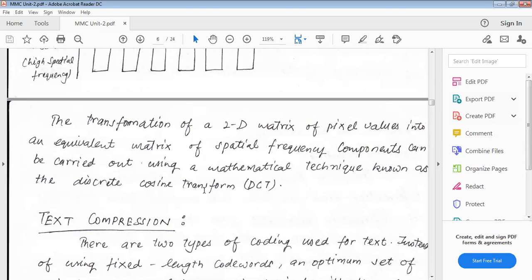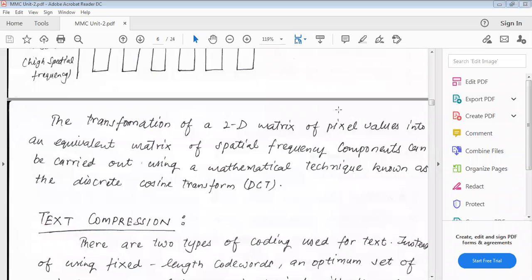They take this matrix of spatial frequency, low frequency, high frequency and amplitude levels. So these are all the things they take in the matrix. Using this matrix they are going to convert the image from one format to another format. That is carried out by the mathematical technique called the discrete cosine transform.